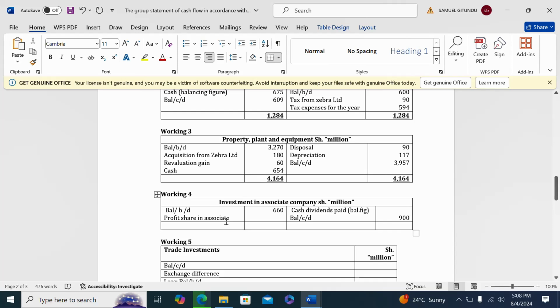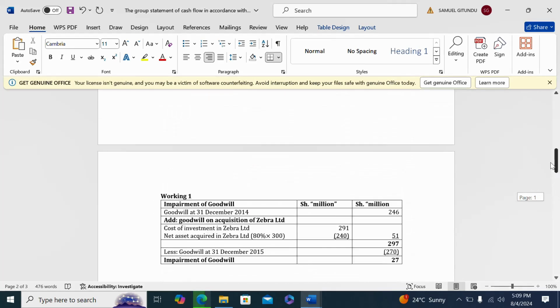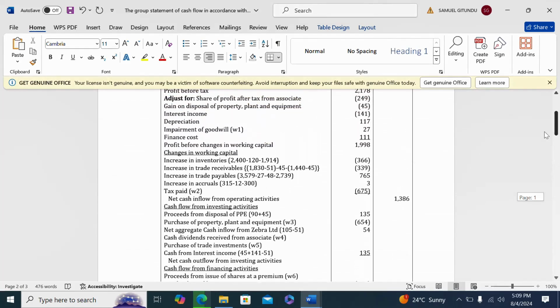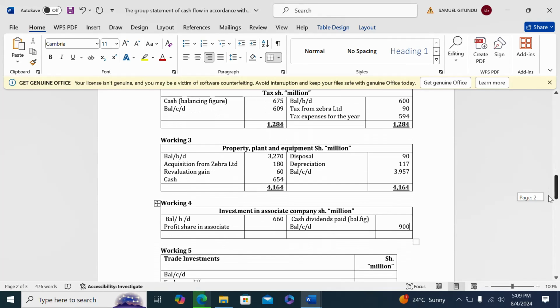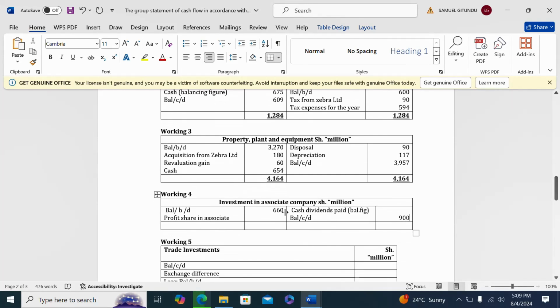So here we add the profit share in associate to get the total amount of the investment. How much was the profit share in associate? I think it was 249. Yeah, it was 249. Profit share after tax, so it is 249.